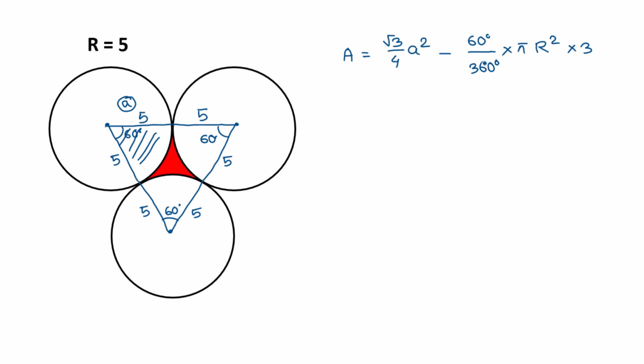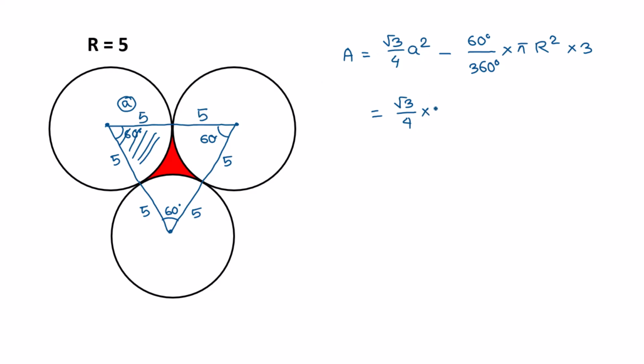Now substituting all values, we can write square root of 3 over 4 times a, that means the side length of this triangle. The side length is 5 plus 5, this is 10.